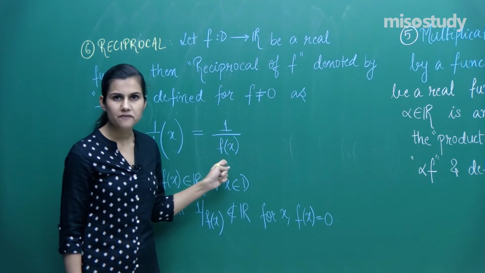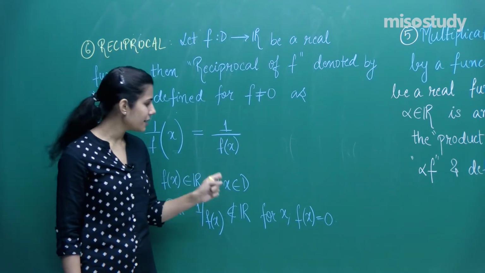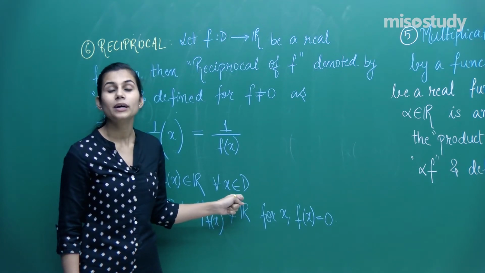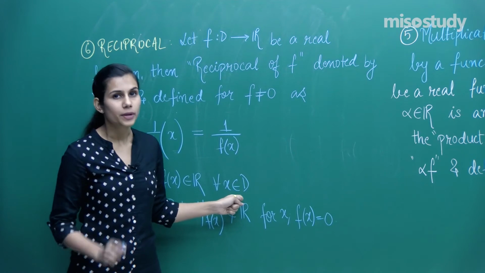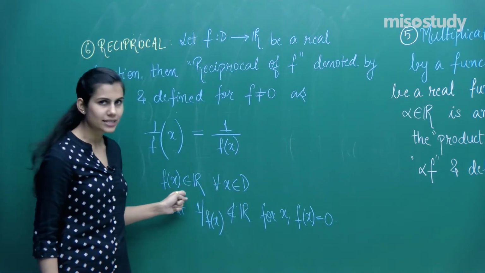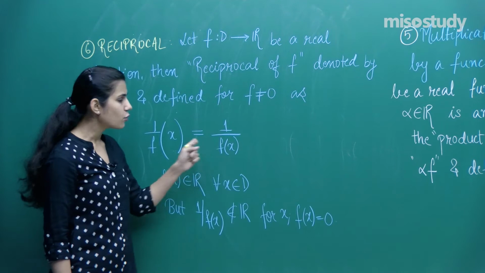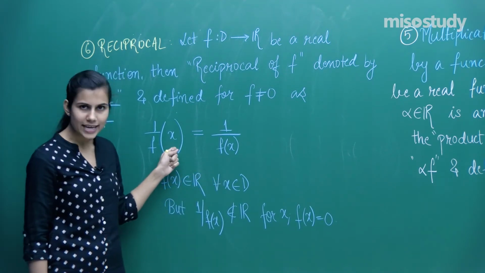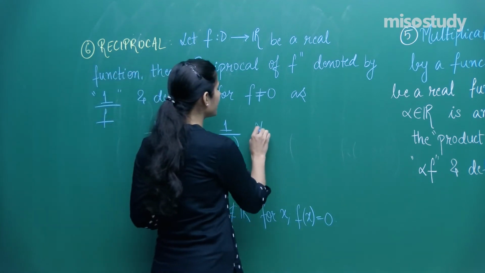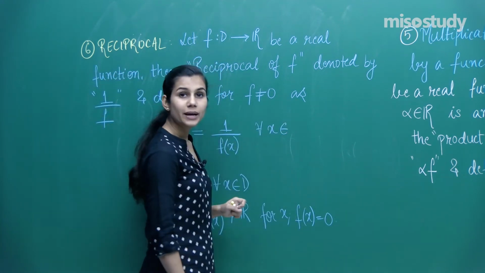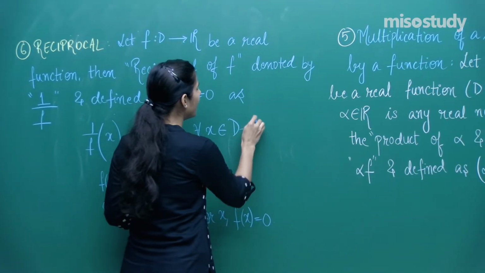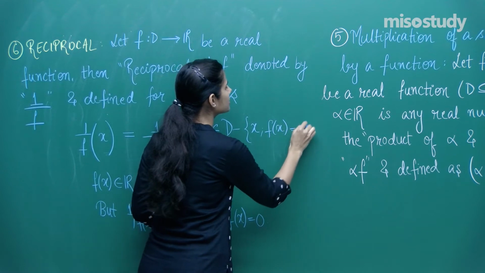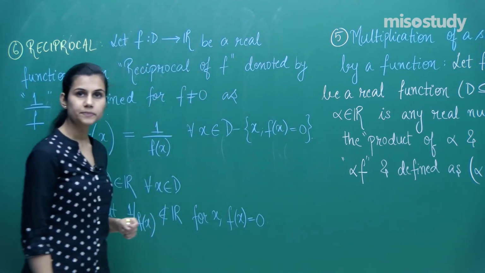And so for 1 by fx to be real, I want my x to come from those members of the domain of f for which fx is non-zero. And therefore 1 by fx is going to deliver you real values for those x's as inputs which are coming from the set D minus the set of all those x for which fx is 0.